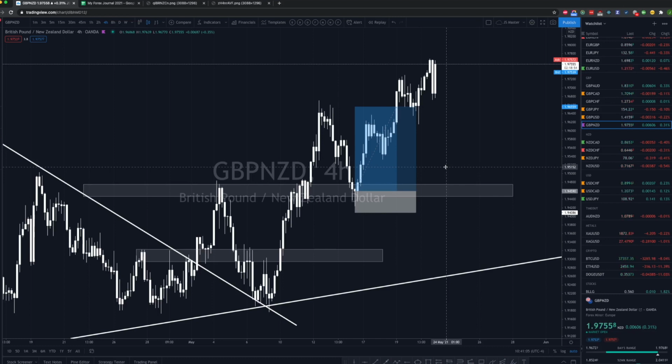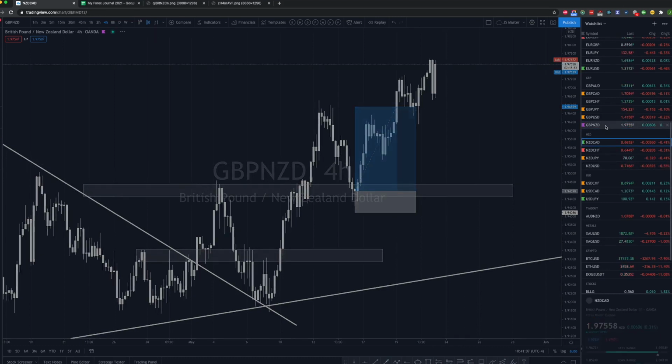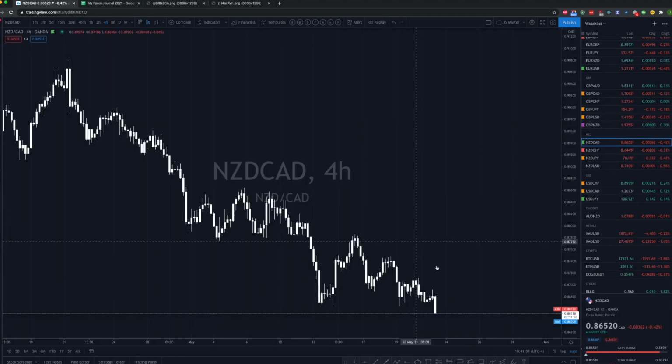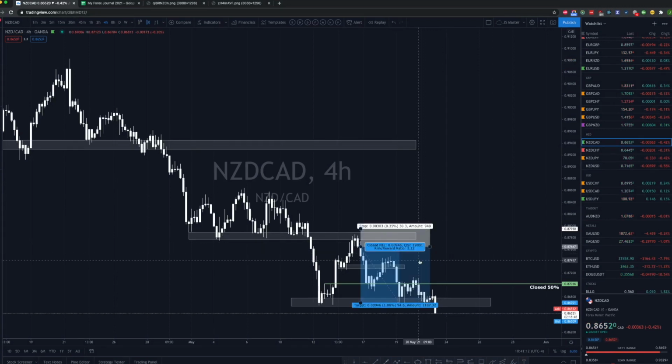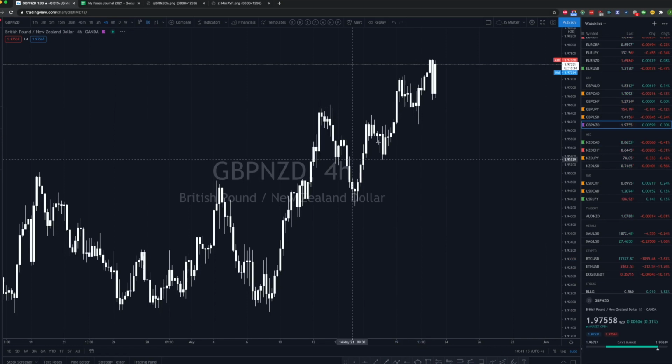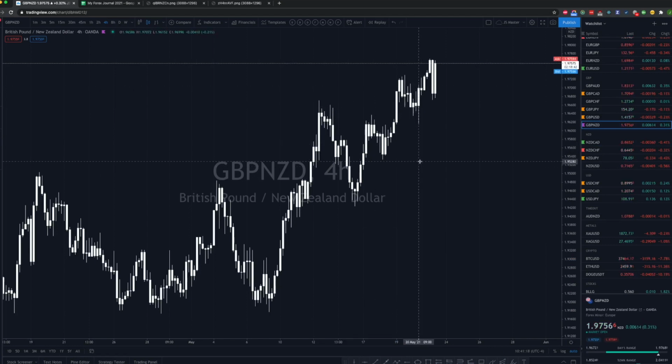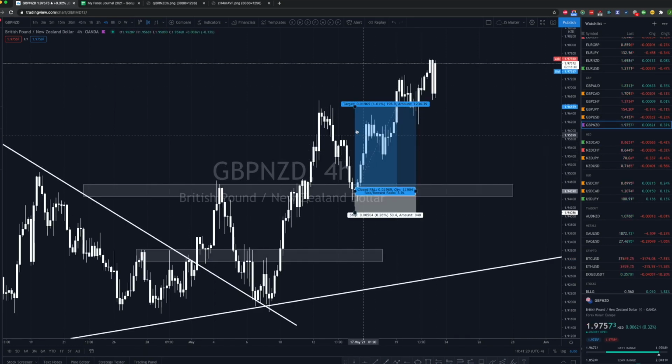And even though the NZDCAD trade did work out, the NZDCAD trade was a 3-hour opportunity, whereas the GBPNZD trade was a 4-hour opportunity, right? So I'm kind of limiting my upside a little bit.